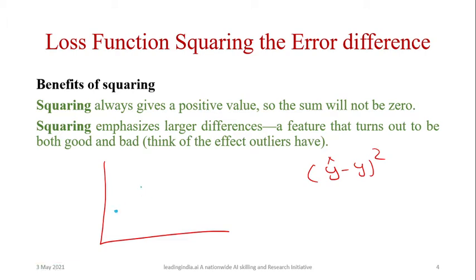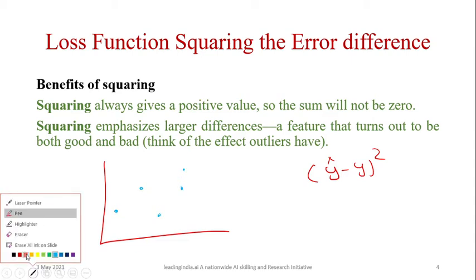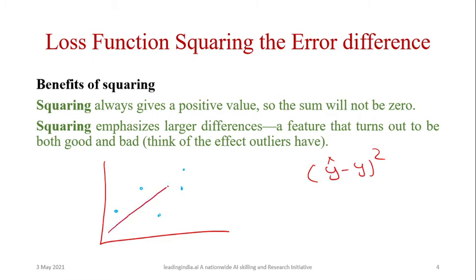So suppose your original values are these, and now you try to make a linear line. This is your prediction line. What squaring is doing is this: if your line is far from the original value, then this difference will be squared.